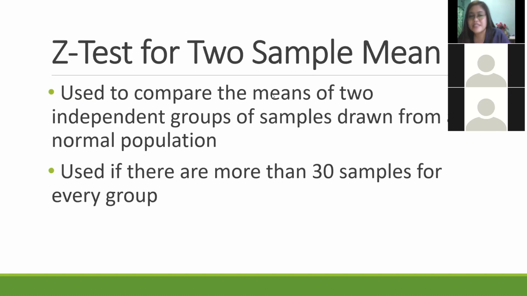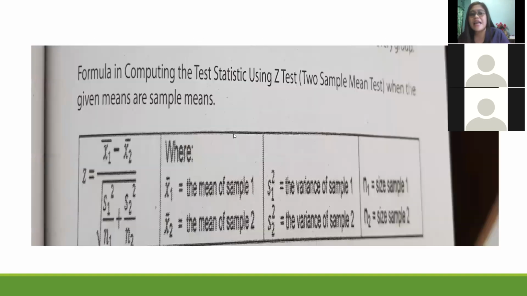That's the same thing with the z-test for two samples. The formula is just longer, because you have here two groups or two samples. So the first thing you need to do is to get the difference between the means from the two samples: mean of sample 1 minus mean of sample 2, divided by the square root of the sum of the variances over the sample sizes.